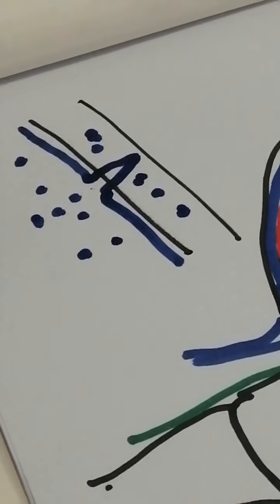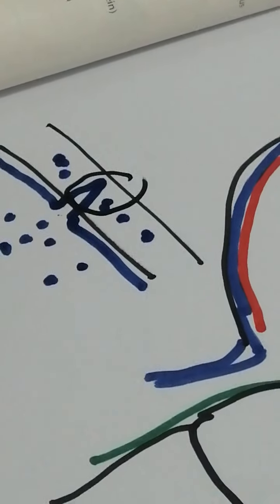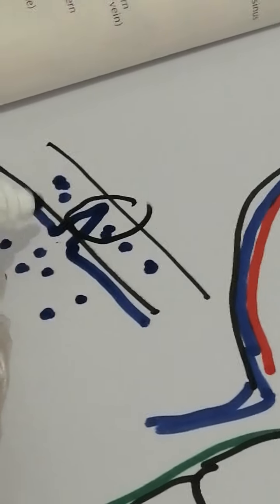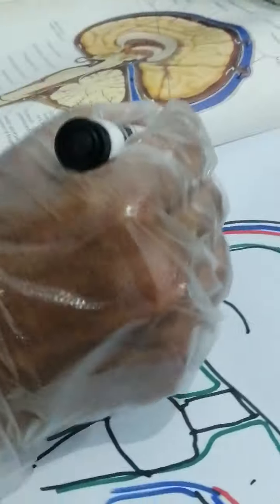And these folds of arachnoid mater, the part which is permeable and enters into the sinuses, are called arachnoid villi.